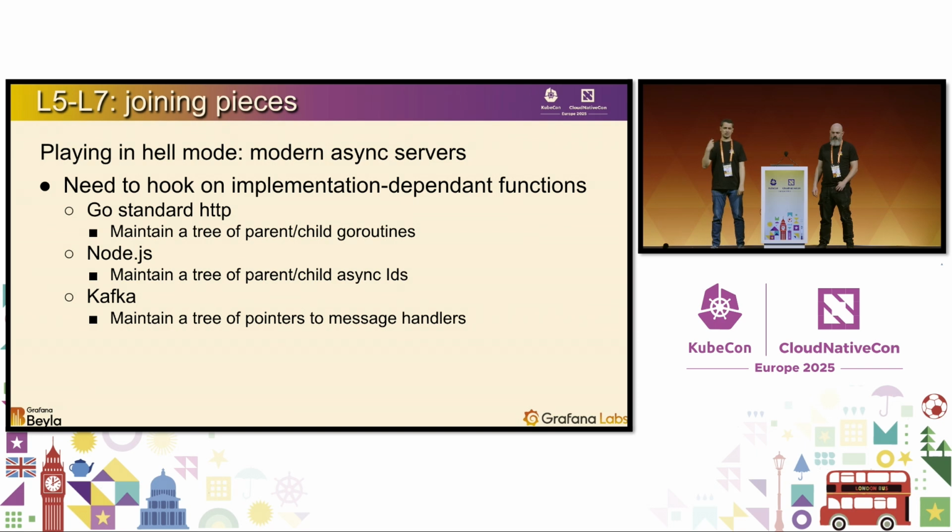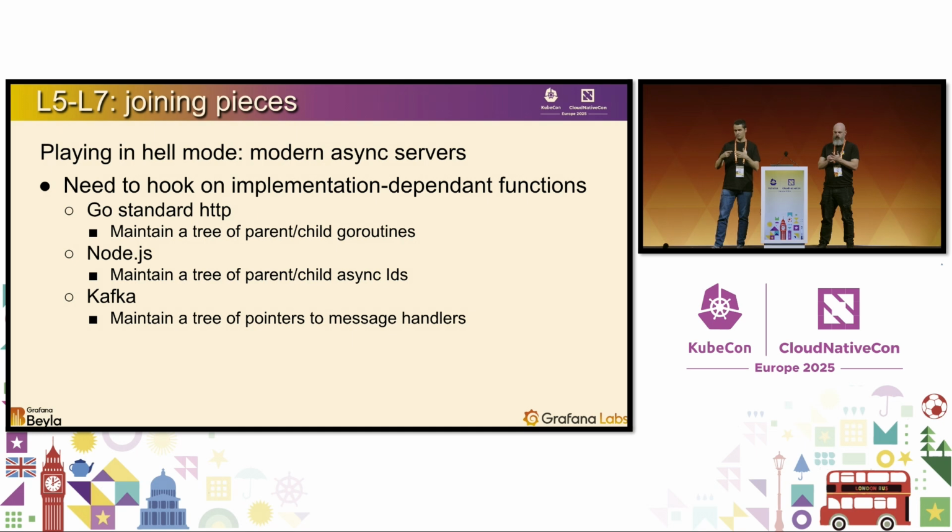So we need to add extra eBPF probes. For example, for a Go standard HTTP application, we need to maintain a tree of parent-child goroutines, so we can relate the different events and join the pieces according to the parent-child goroutines. In Node.js, you have this async ID, which is a similar ID. In Kafka, you need to maintain a tree of pointers to the different message handlers. So things start becoming more implementation dependent.